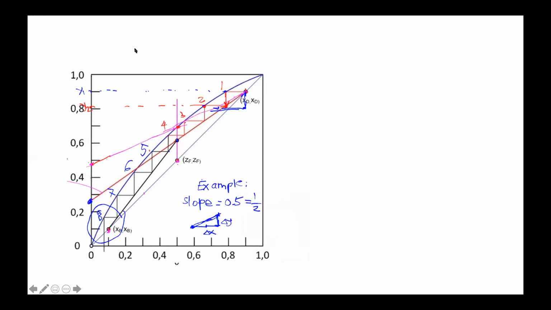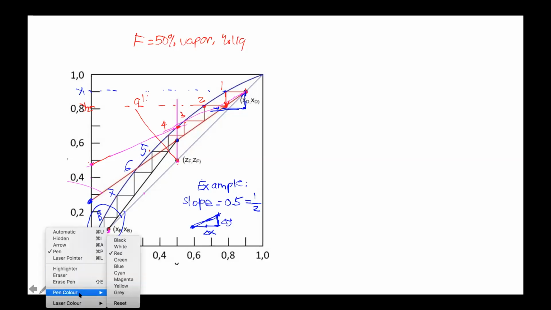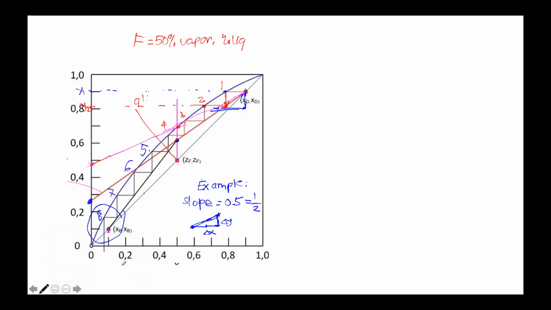Okay. Anyway, what happened if I change the feed into 50% vapor and 50% liquid? So we will have new key line, yeah, maybe around here. Okay, so that means what we can see is that actually the cross section points between the enriching line and the Q line is shifting, right?